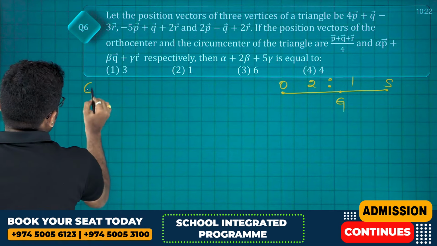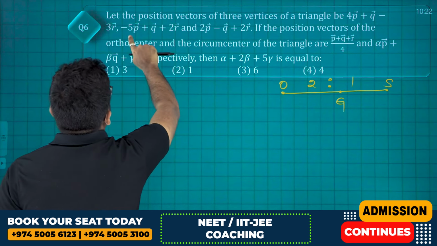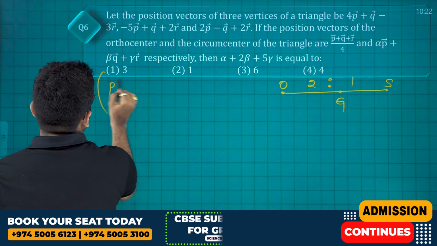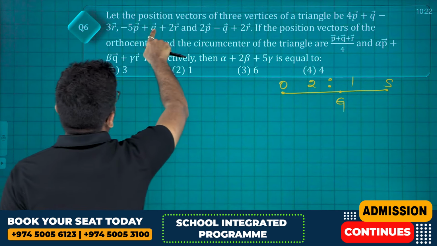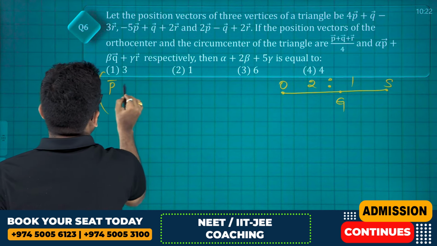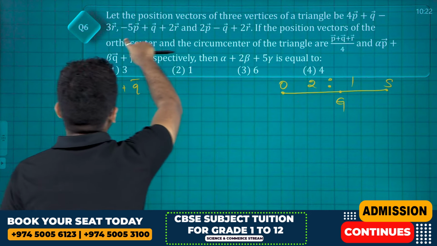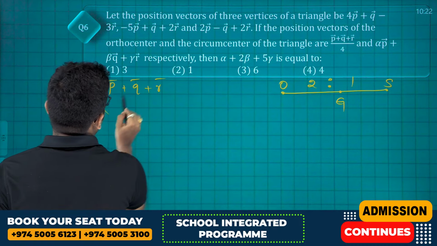What is the centroid? Centroid is 4p minus 5p minus p, which is p bar, next 2q plus q bar, next minus 3r plus 2r minus r, which is plus r bar, whole divided by 3.